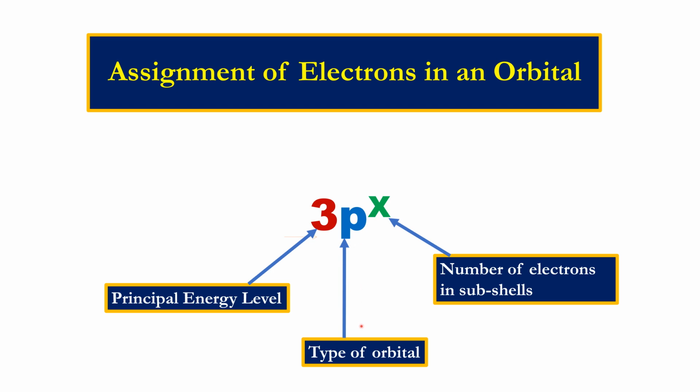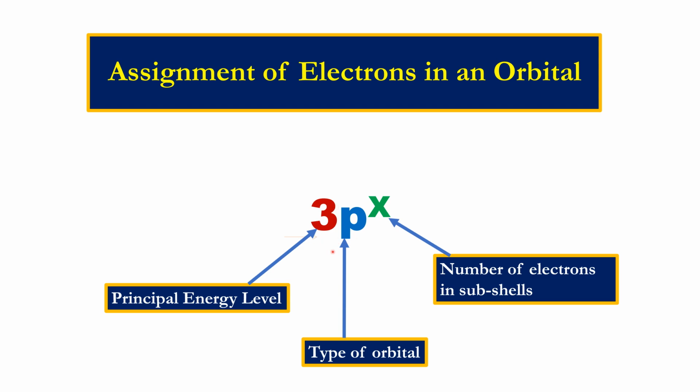This p represents the type of orbital, and the type of orbital can be s, p, d, or f. And this x represents the number of electrons in the subshell. So for instance, p orbital can hold a maximum of 6 electrons.